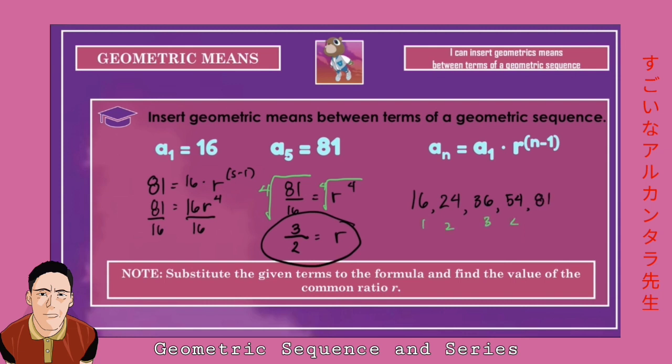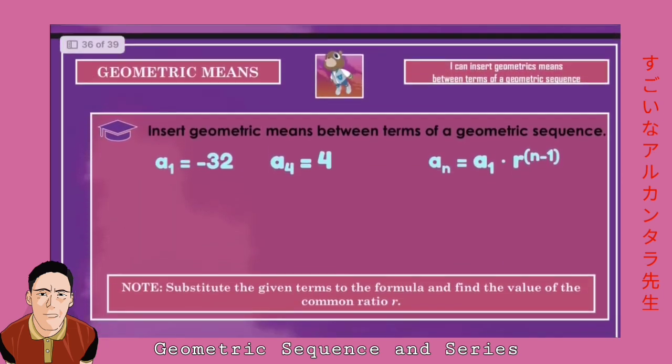First term, second term, third term, fourth term, fifth term. And this is our geometric means. The boxing that I'm doing here, I'm just emphasizing which are the geometric means. You don't have to necessarily do it. You may use dash lines if you want to. I'm just emphasizing which are the geometric means that we have inserted.